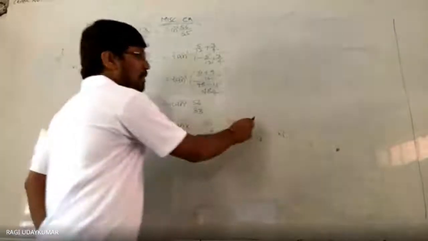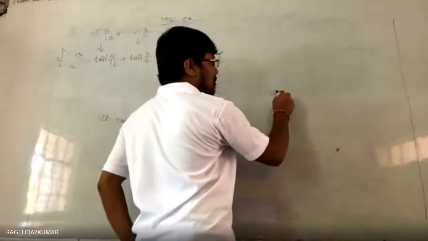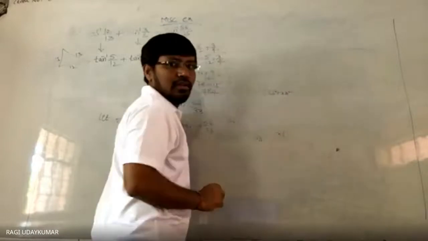So what do you get here? The hypotenuse is under root of 56 square plus 33 square.